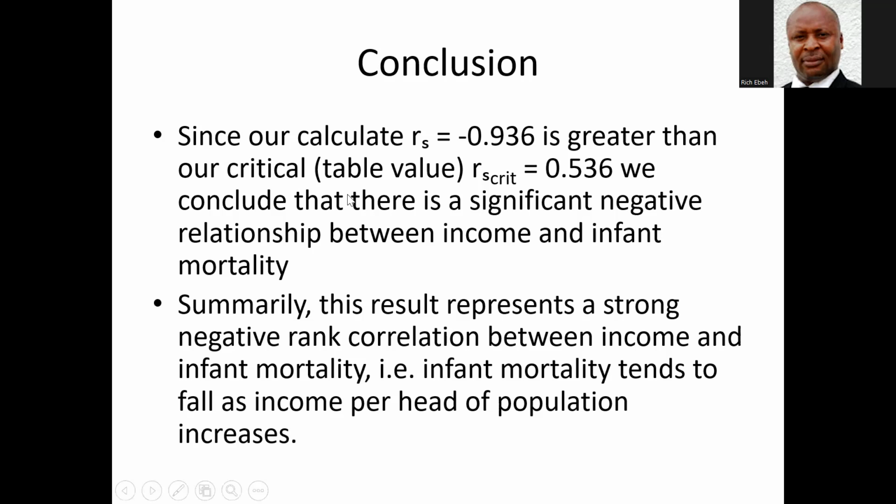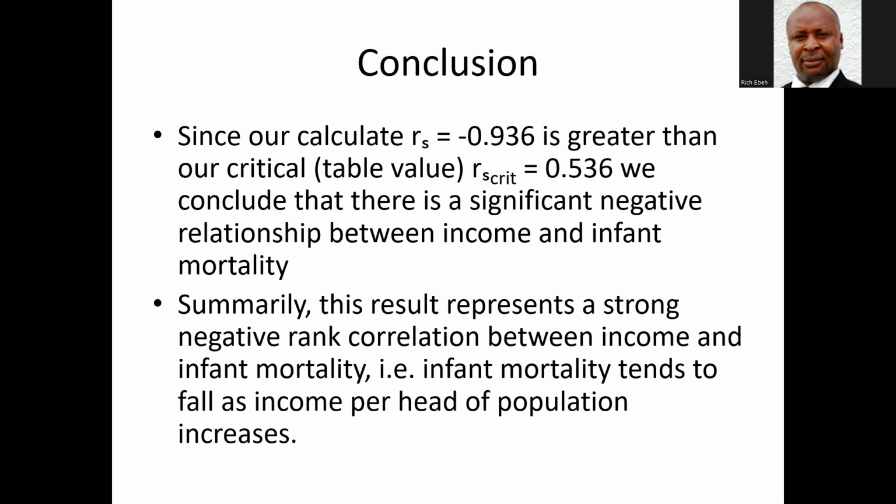Please, it will be important to state that the negative value in our rho here should not determine whether it is greater or less than our critical value. It is just indicating whether the relationship is positive or negative.